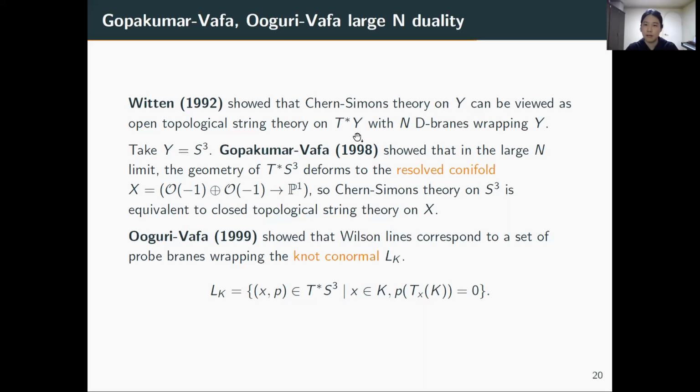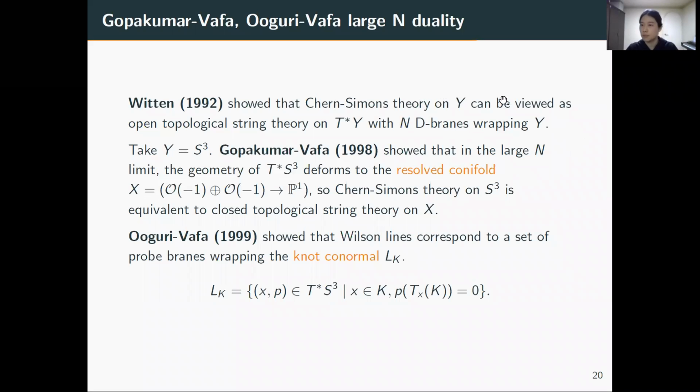Now, let's take Y to be the three-sphere. Then Gopakumar-Vafa showed that in the large N limit, the geometry of the cotangent bundle of S3 deforms to what's known as the resolved conifold. It is the total space of the O(-1) plus O(-1) bundle over CP1.